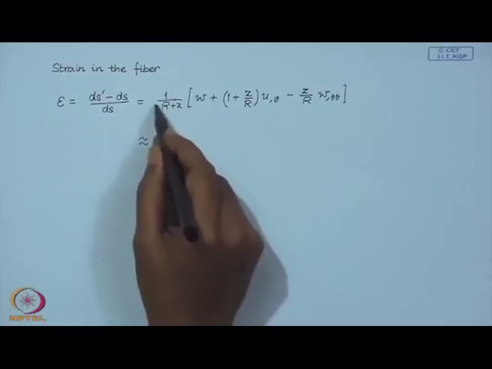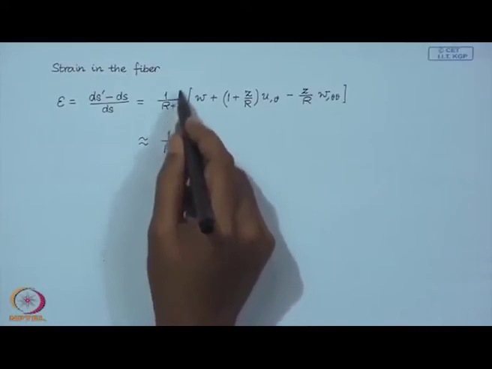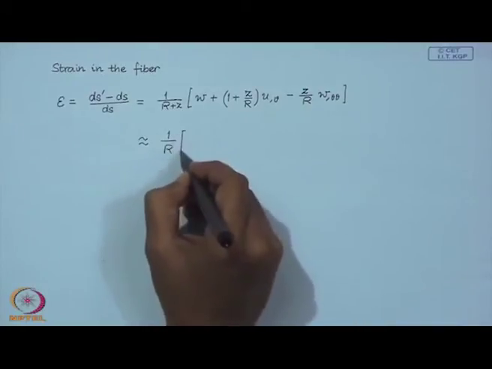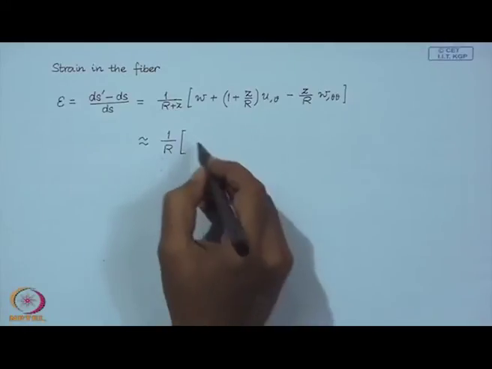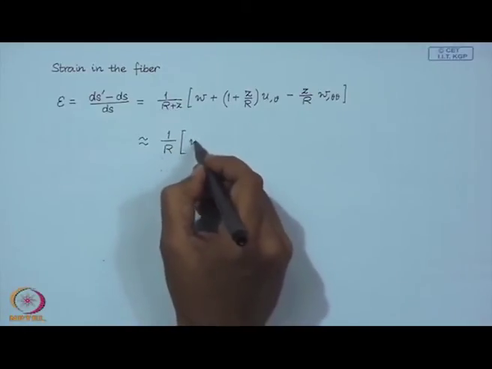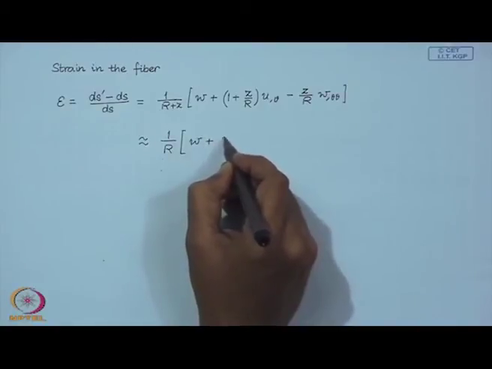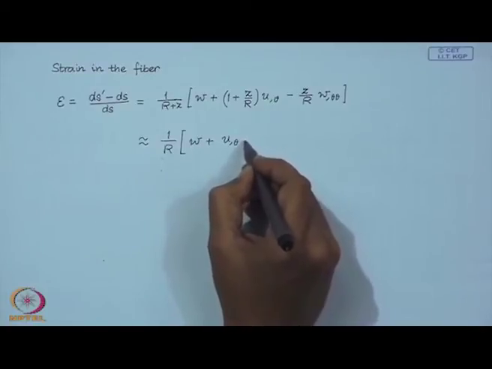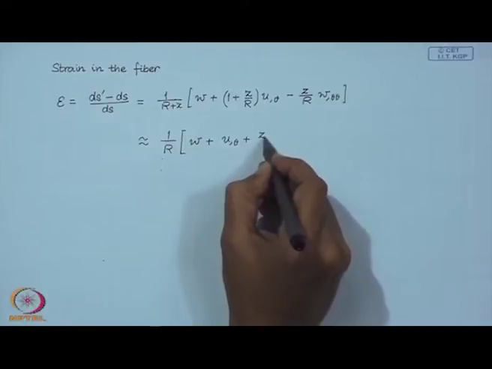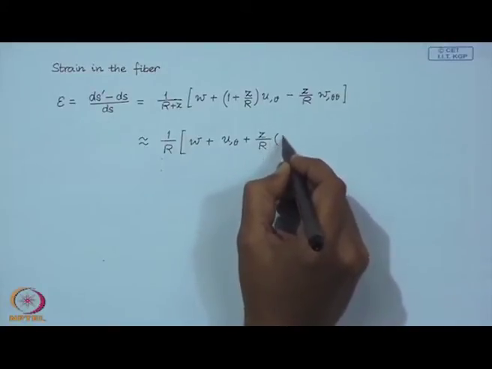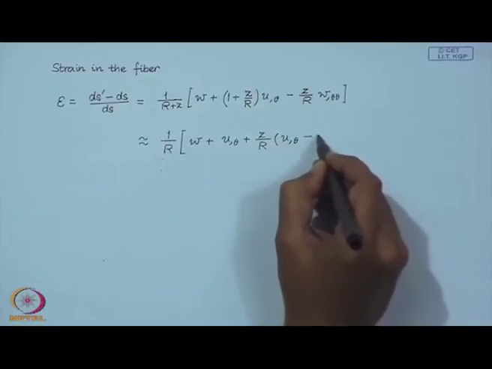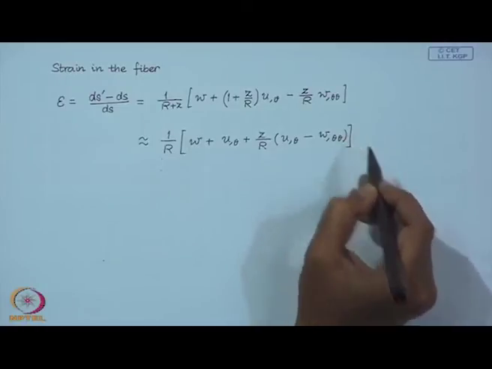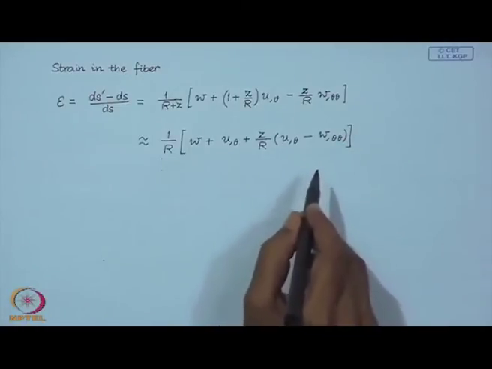So, you can take this r and write this as 1 plus z over r and take it into the numerator, and you leave out terms which are quadratic in z over r. So, then it can be simplified. So, that is the strain in the fiber.